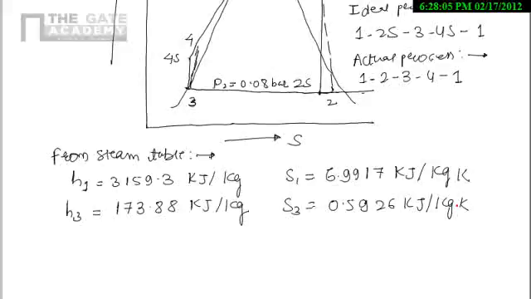Now we have to consider the latent heat at 0.08 bar. So we can say that is hfg at P2, at pressure P2. So we are having 2403.1 kilojoule per kg. Whenever I write hfg, it means the difference of hg and hf, and P2 means at pressure P2, that is 0.08 bar in our problem.